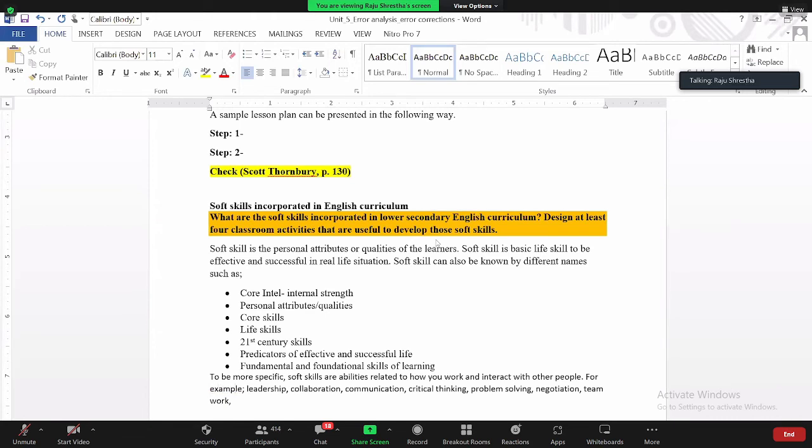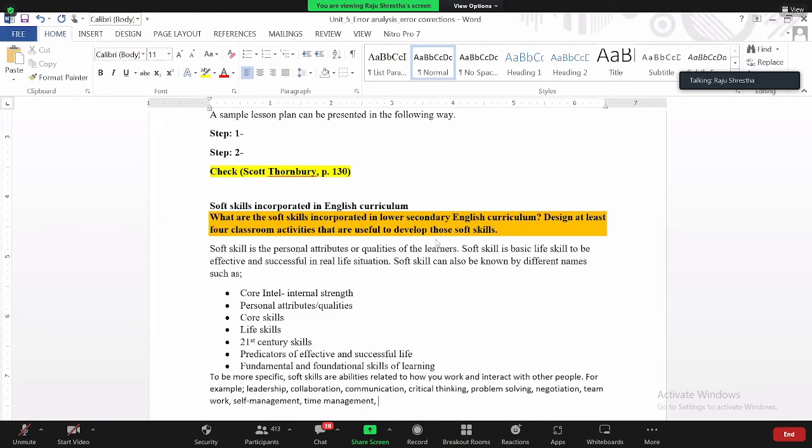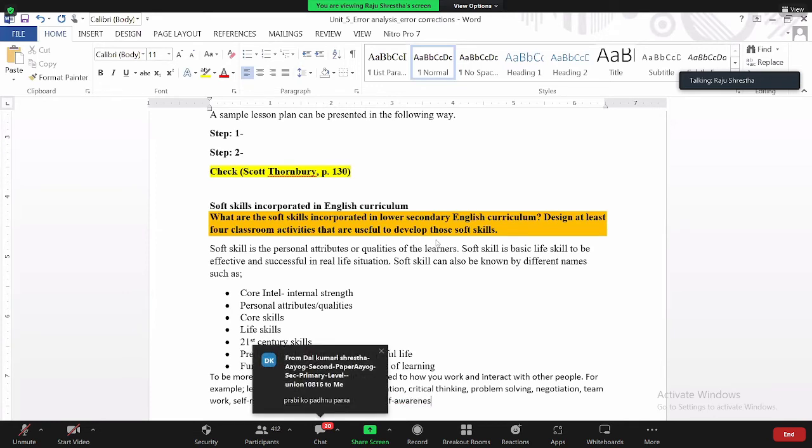For example, leadership, collaboration, communication, critical thinking, problem solving, negotiation, teamwork, group work, and self-management, time management, self-awareness, awareness etc. we can say.